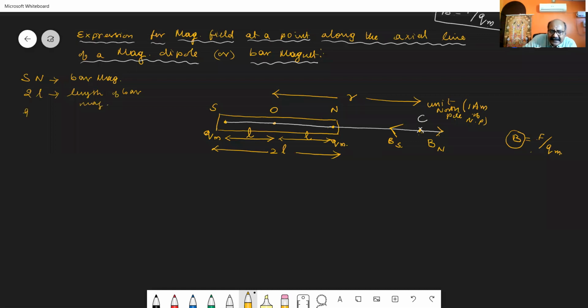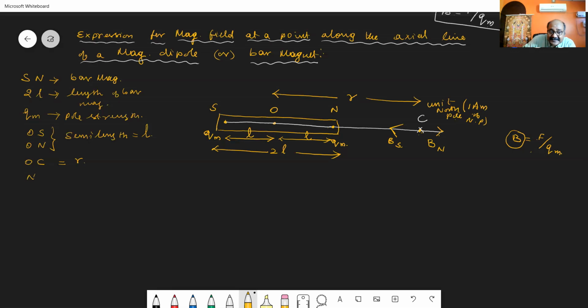Then let Qm be the pole strength of the bar magnet. Then the distance OS or the distance ON is the semi-length of the bar magnet, which is equal to L. The distance from O to C is taken to be R.